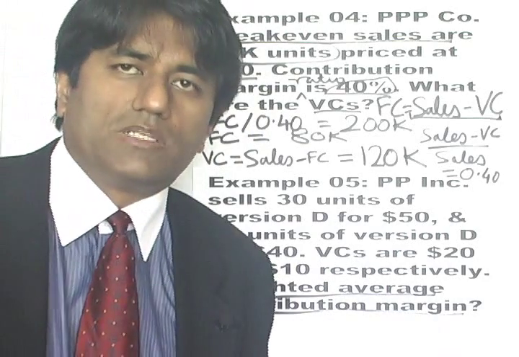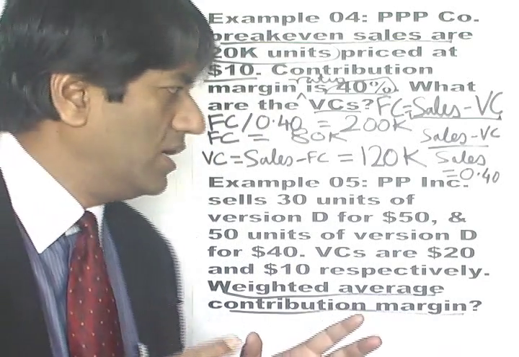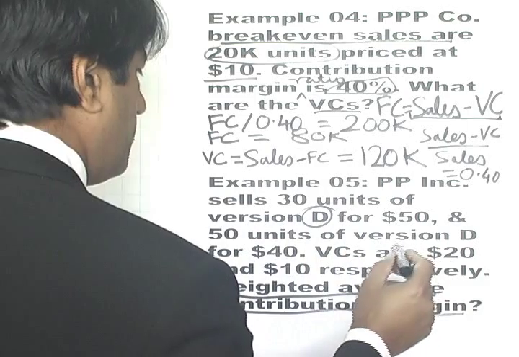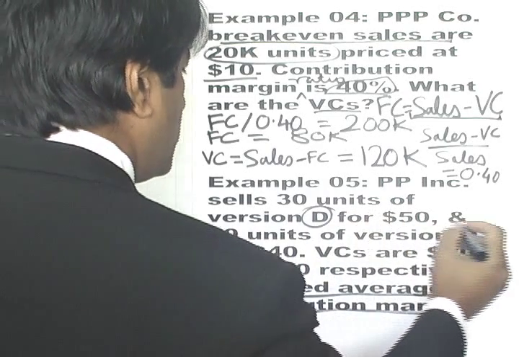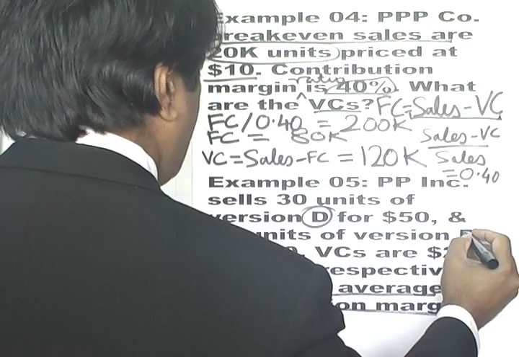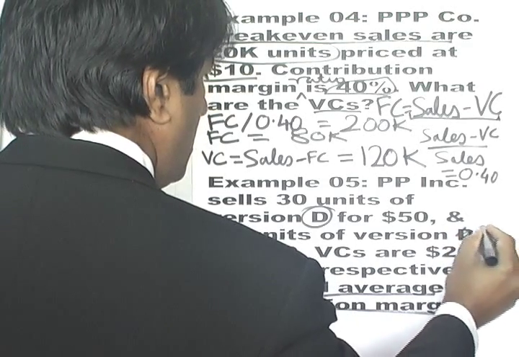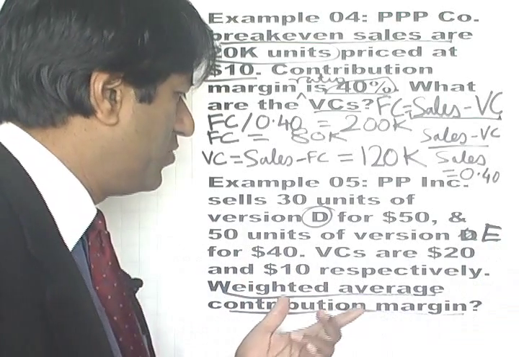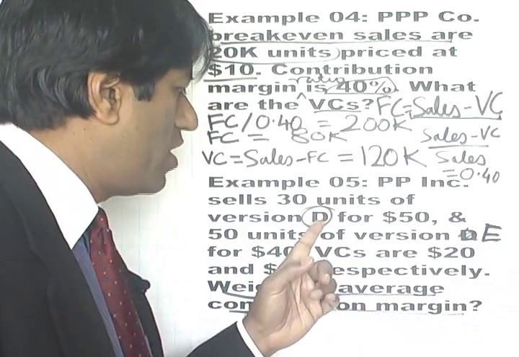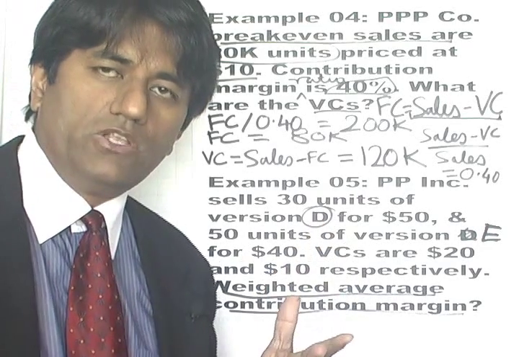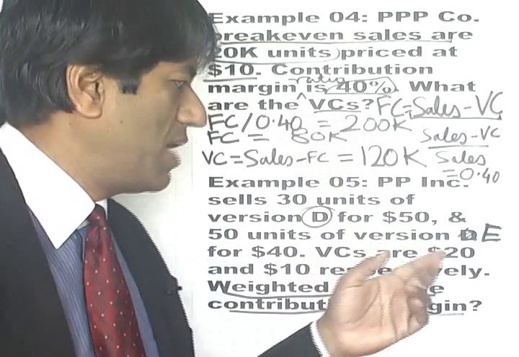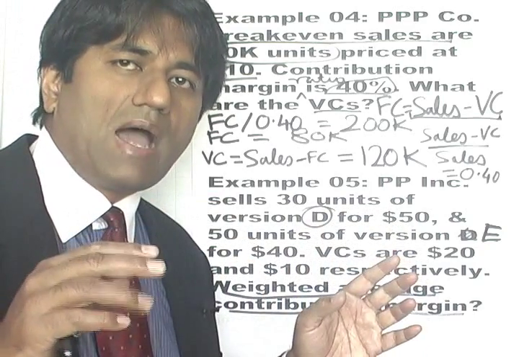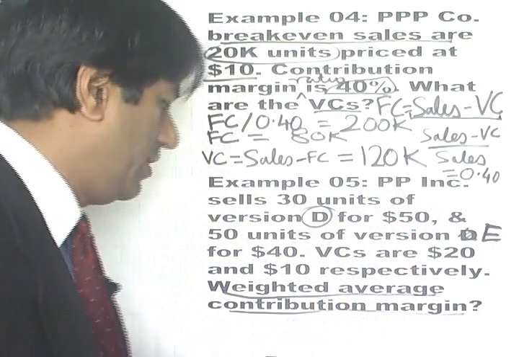There are two versions here, a version D and a version E. The weighted average contribution margin is defined as the contribution margin for D multiplied by the number of units of D, plus the contribution margin for E into the number of units of E, whole divided by the number of units of D and E.